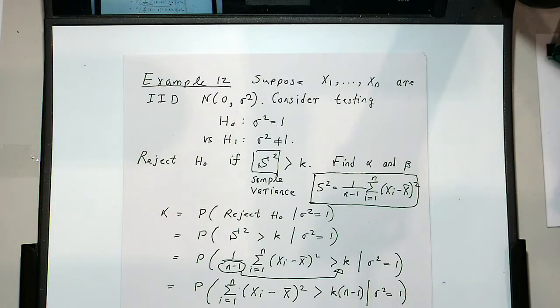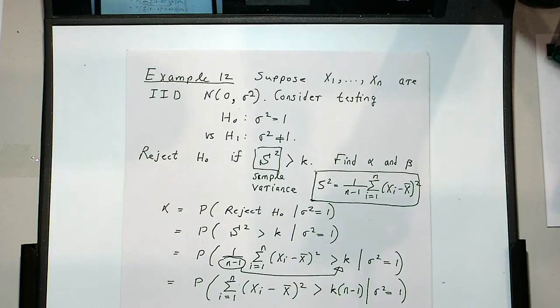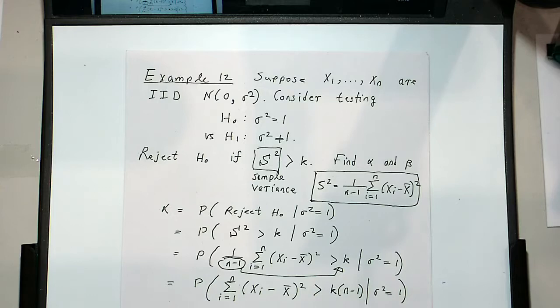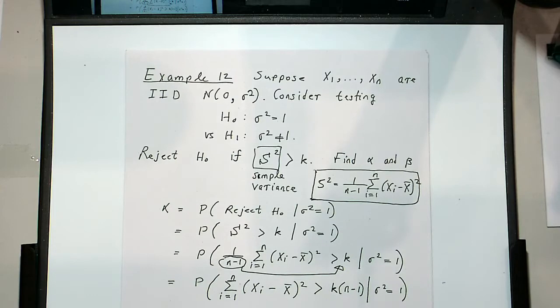So using property 3 from the notes on chi squared, you can see that this guy must have a chi-square distribution with n minus 1 degrees of freedom, right?